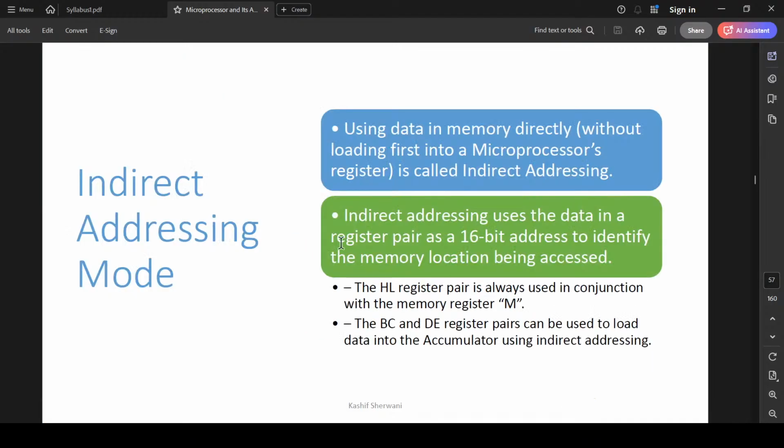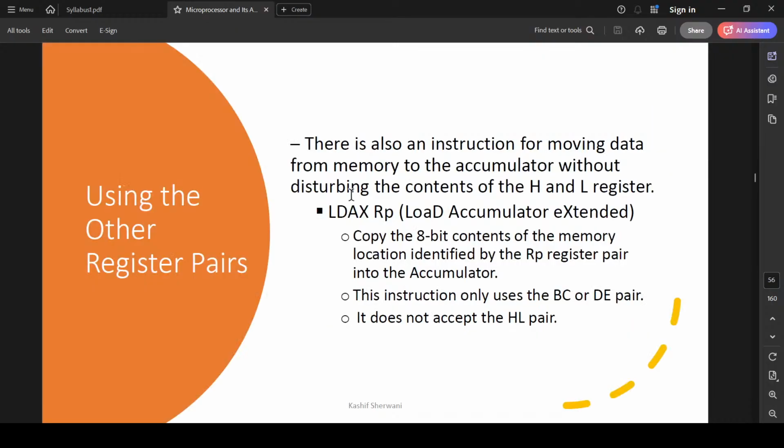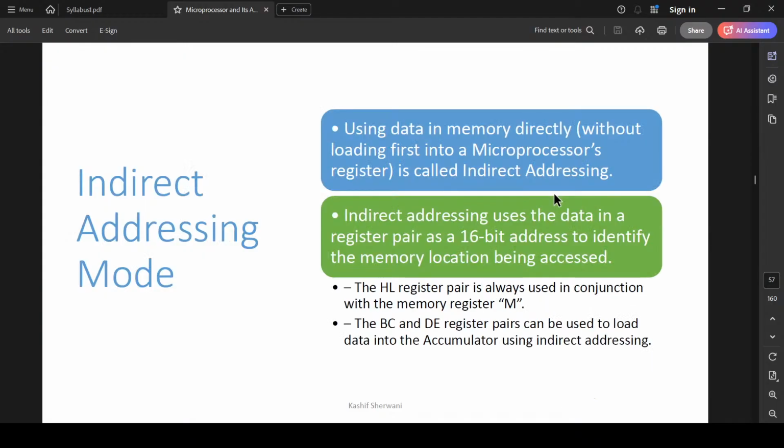Next, indirect addressing mode. Using data in memory directly without loading first into a register. And here it was from memory to accumulator without register. Here also memory to accumulator without register.